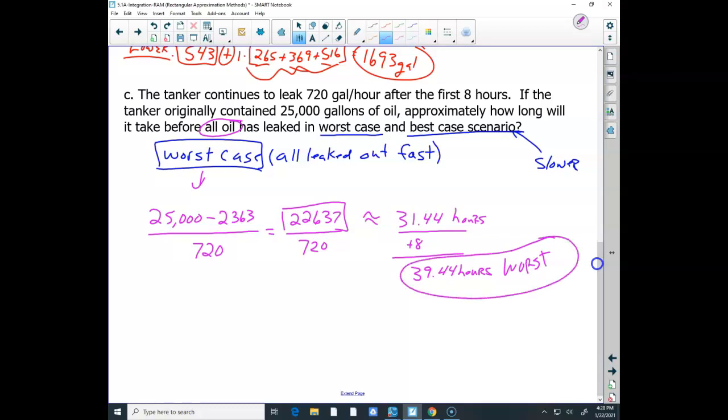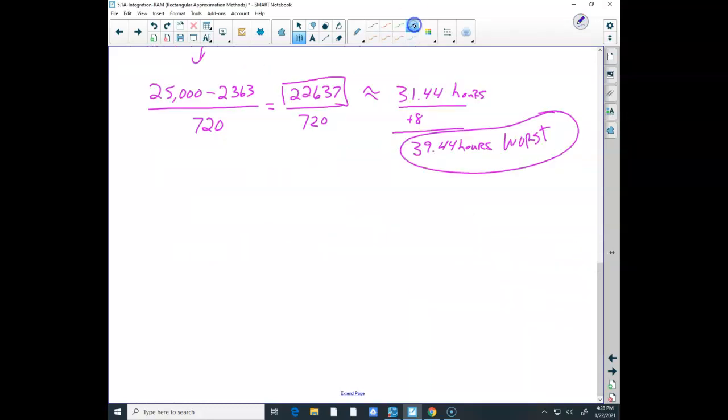And if I use what I had up there before, I know there's 25,000 gallons. This is the best case now, I think. 25,000 gallons in there. Only 1,693 leaked out in those first 8 hours, which means there's 720 gallons per hour after that.